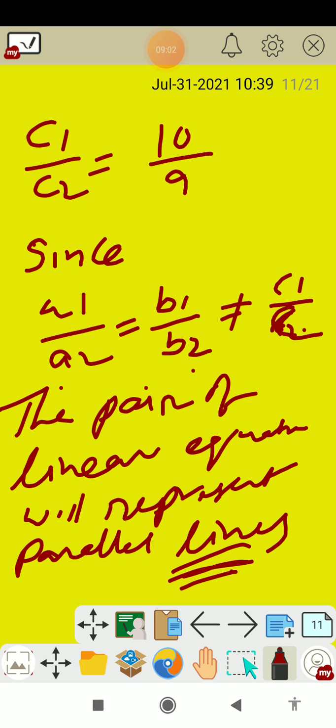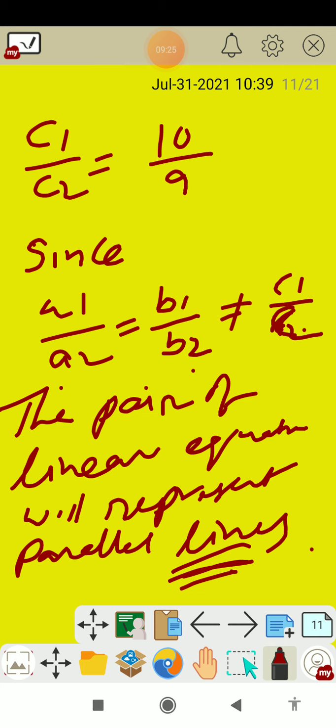If a1 by a2 is equal to b1 by b2 is equal to c1 by c2, then the lines are coincident.